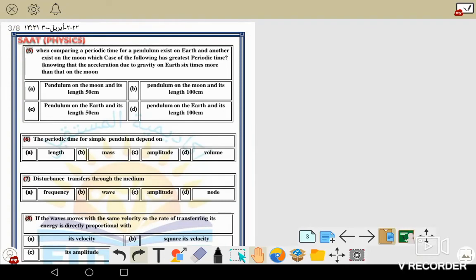When comparing the period of a pendulum on Earth and another on the Moon, which case of the following has the greatest periodic time? Knowing that the acceleration due to gravity on Earth is 6 times more than that on the Moon.